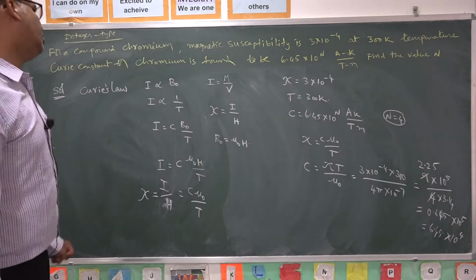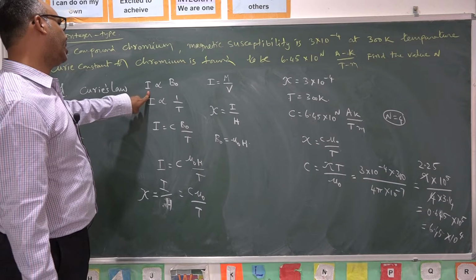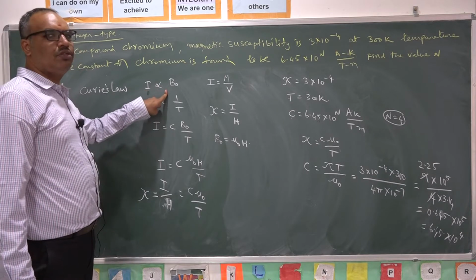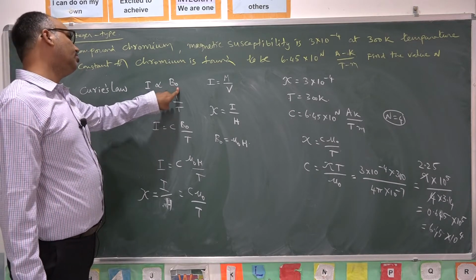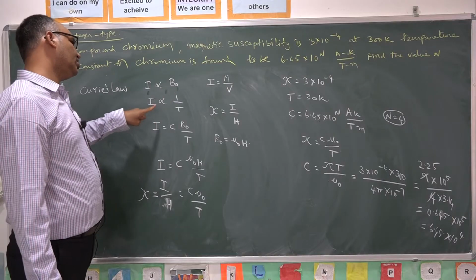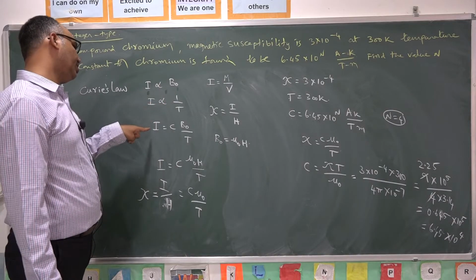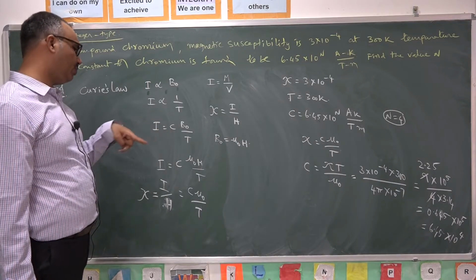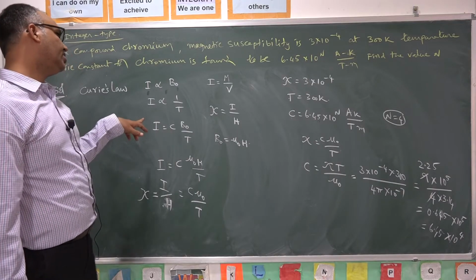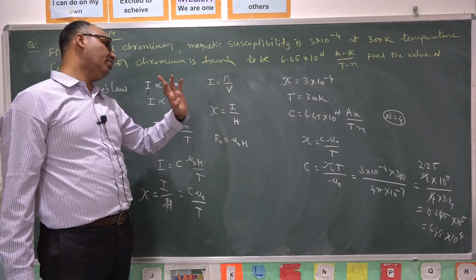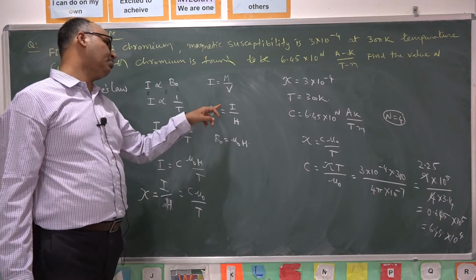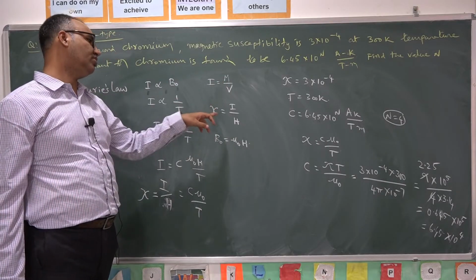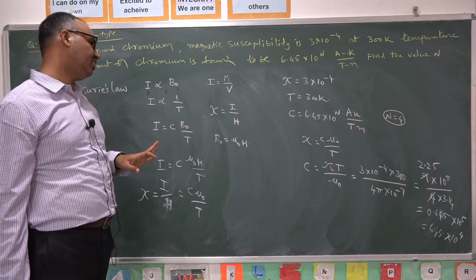Once again you see, intensity of magnetization is proportional to magnetic induction field strength, inversely proportional to the absolute temperature, I proportional to B naught by T. Proportionality constant is called Curie's constant. Intensity of magnetization is magnetic moment per unit volume. Magnetic susceptibility is intensity of magnetization to magnetizing field intensity.